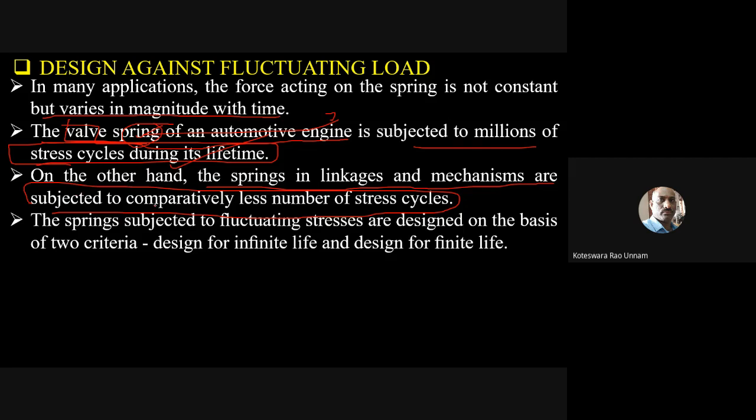Whereas if we are using the same spring in an application like linkages and mechanisms, where it is subjected to a relatively smaller number of stress cycles, you need to design the spring for finite life. Therefore, springs subjected to fluctuating stresses are designed on the basis of two criteria: design for infinite life or design for finite life.